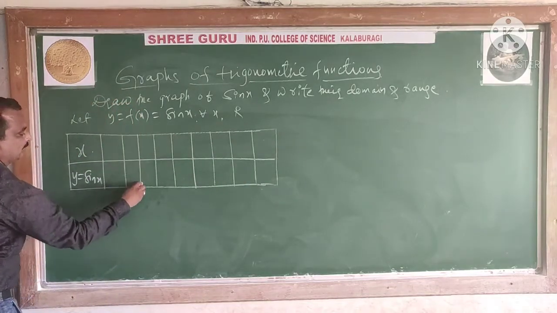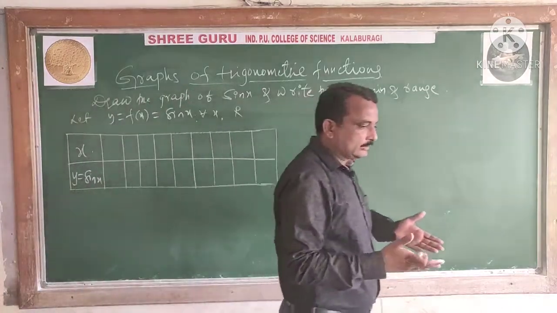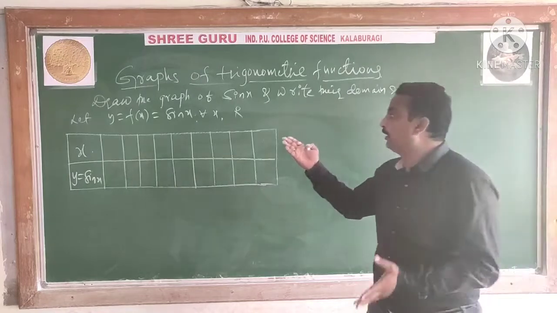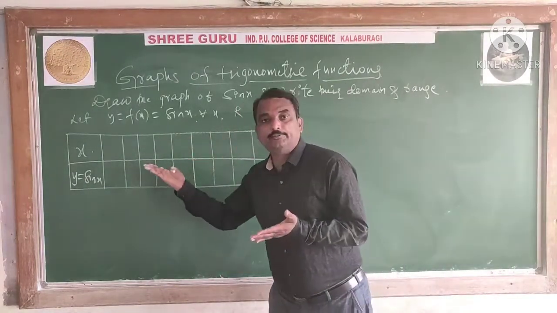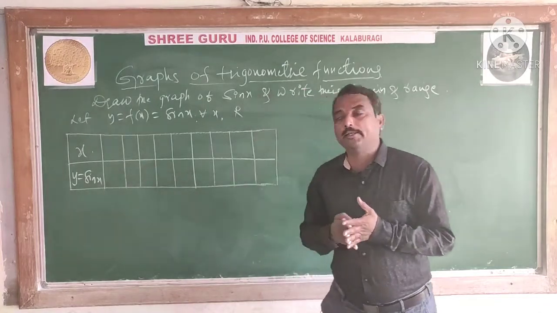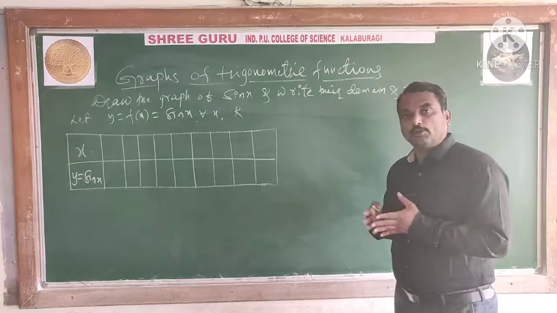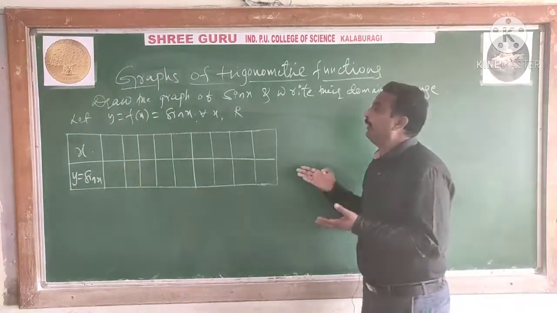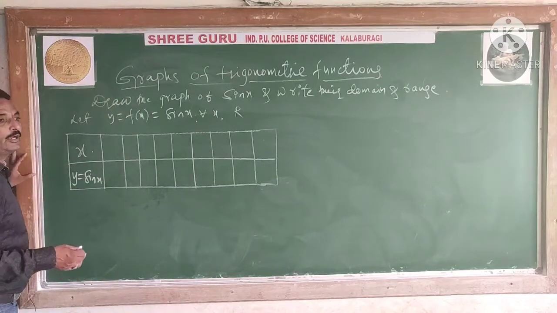Here we take a set of values in the period of sin x. The function is y equal to sin x. I will take 0 degrees, 30 degrees, 60 degrees, 90 degrees, 180 degrees, 270 degrees, 360 degrees. We will view the domain in terms of radians.